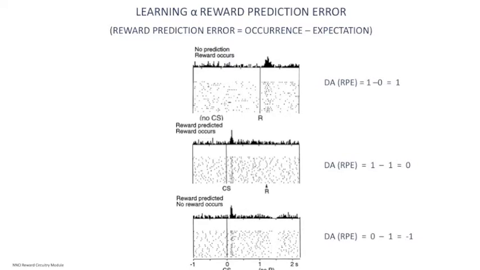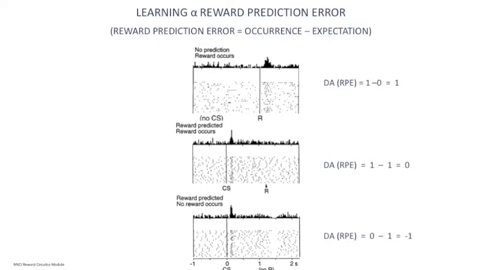Finally, in the experiment, if the juicy reward was not received, then the dopamine activity actually dropped below baseline level at the time the reward was expected, demonstrating that these neurons were sensitive not only to reward, but also to timing.